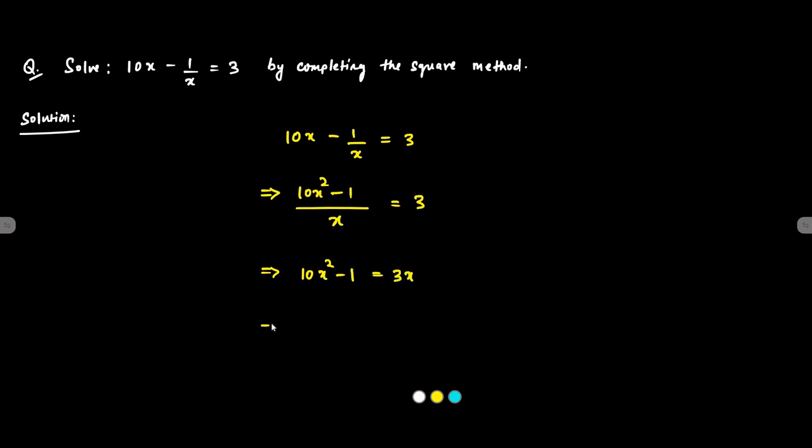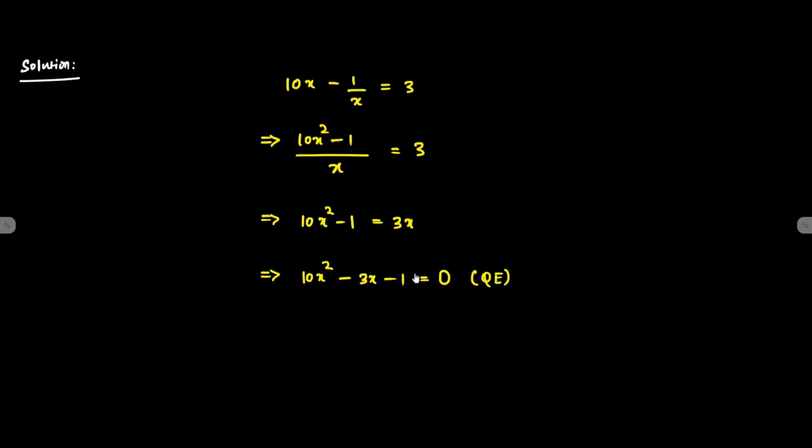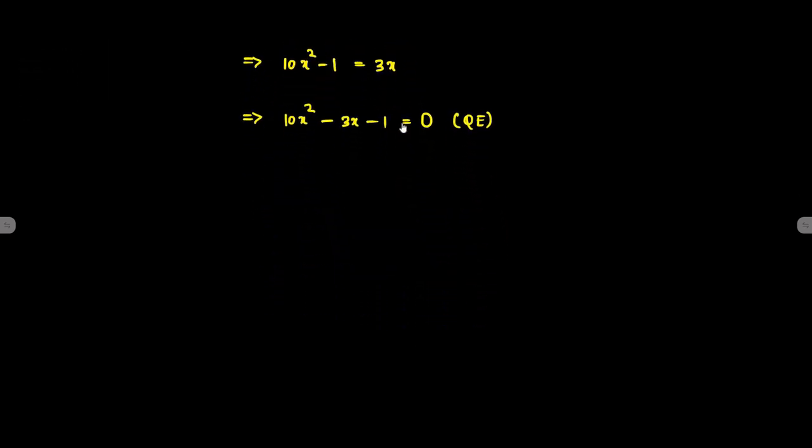That implies 10x square minus 3x minus 1 is equal to 0. This is the quadratic equation. We have brought it into the proper quadratic equation format, ax square plus bx plus c. Now we have to solve it.